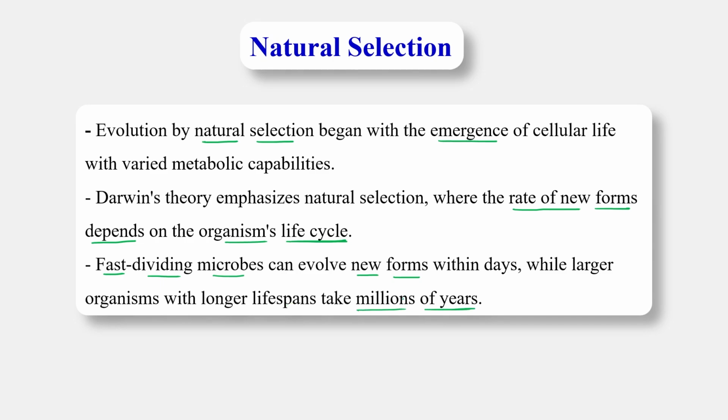That's why different types of bacteria and viruses quickly create new strains. Because of mutation, they change themselves according to the changed environment, and nature selects the best version of them.